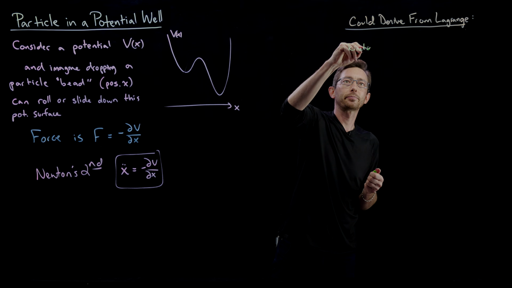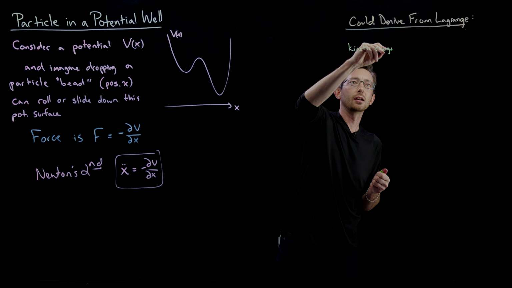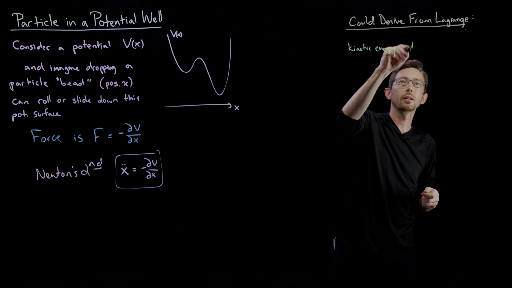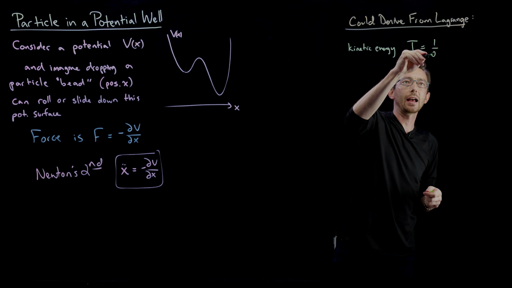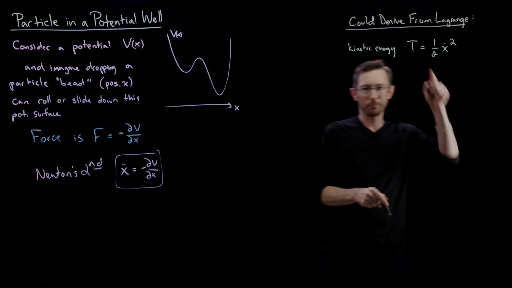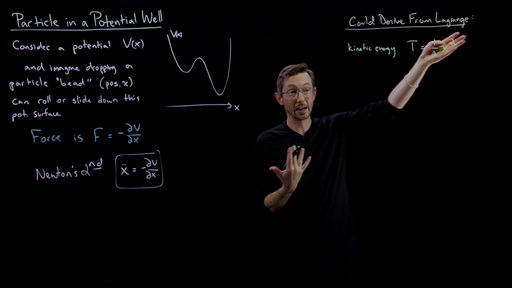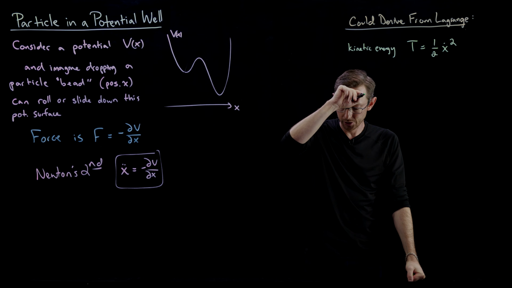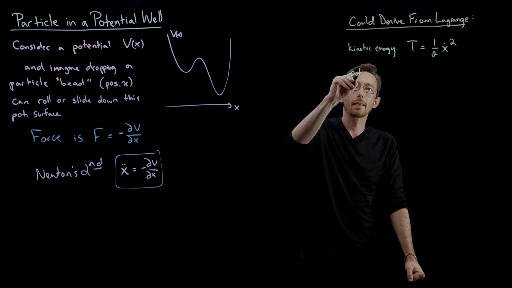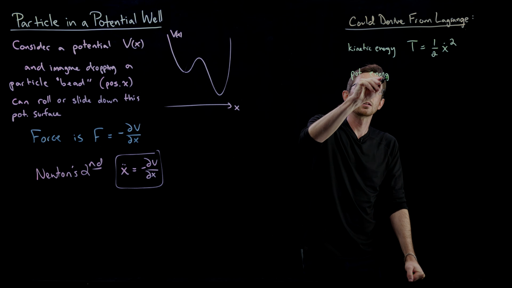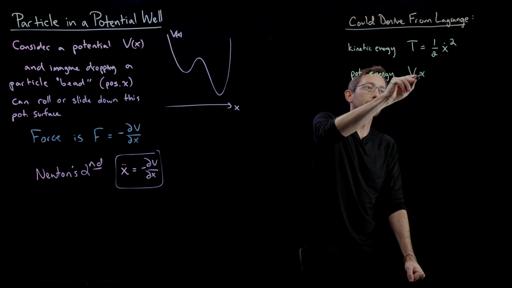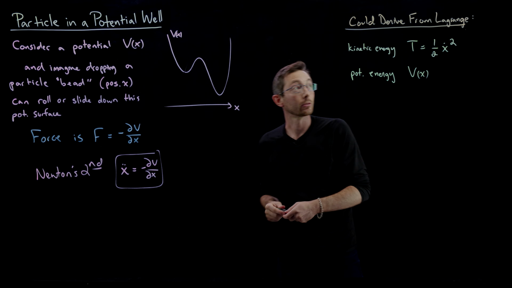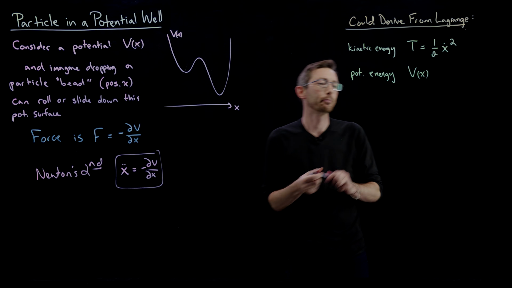So the kinetic energy of our particle is going to be 1/2 x dot squared. So T equals 1/2 x dot squared. Okay, this is just the kinetic energy of this particle. We would define the potential energy of the particle. So the potential energy we've already defined as V of x. Okay, and the Lagrangian, maybe I'll write that in blue.